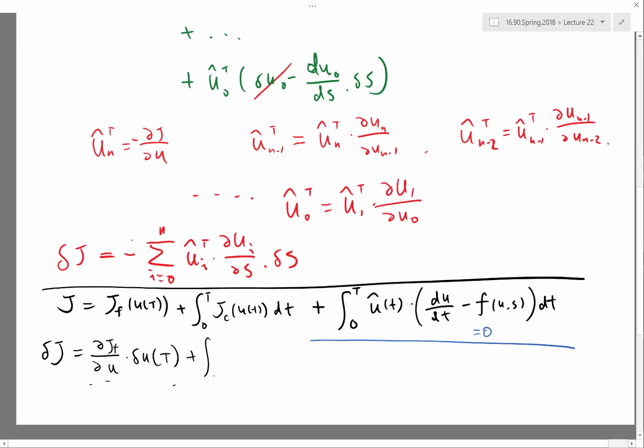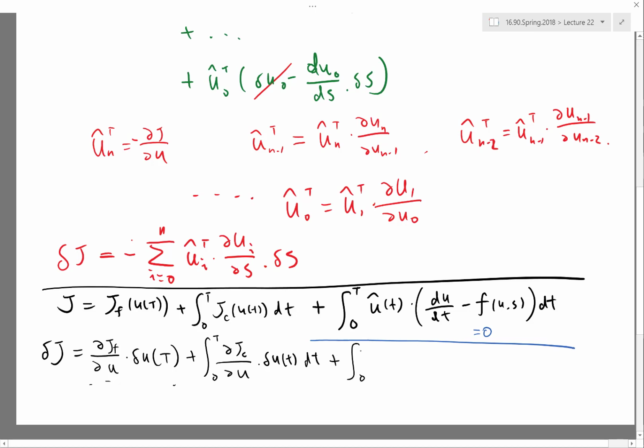And I also want to add in the delta in the control cost. So that's partial Jc partial u times delta u(t) dt.